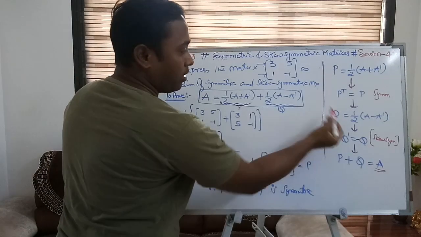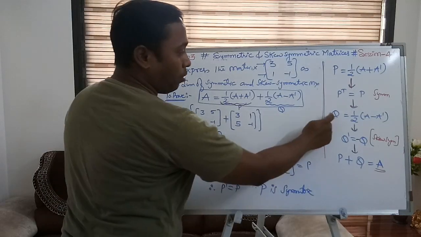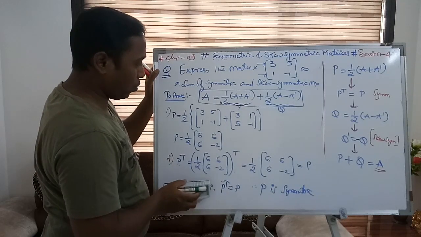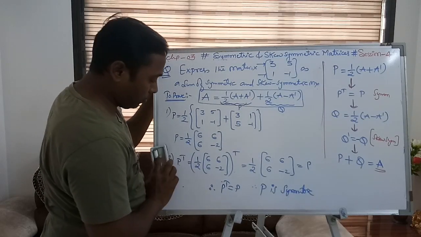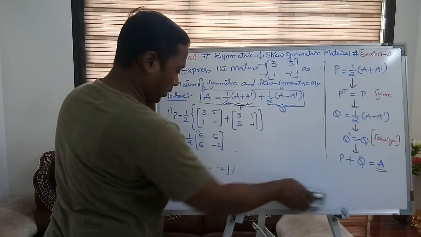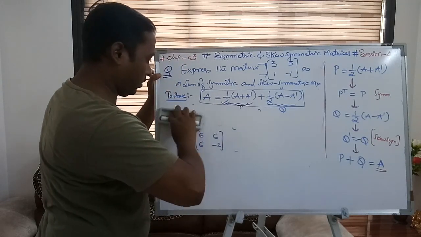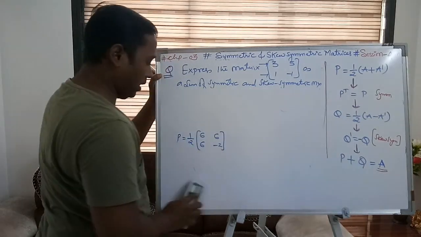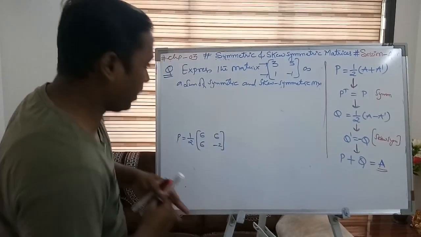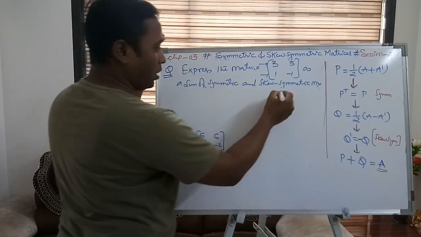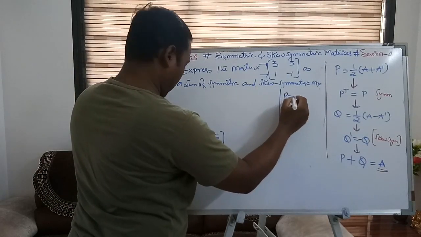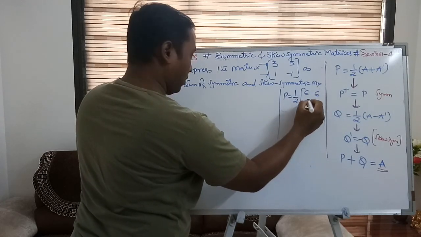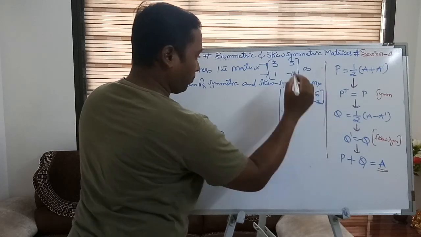Now I am taking step 3, where I am going to solve the operation Q. So I need this result P. I write it aside: P as half of 6, 6, 6, minus 2.